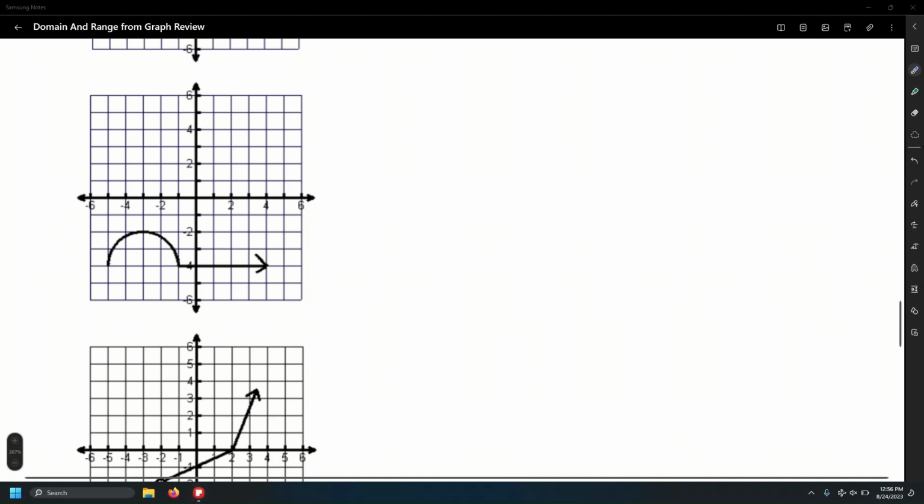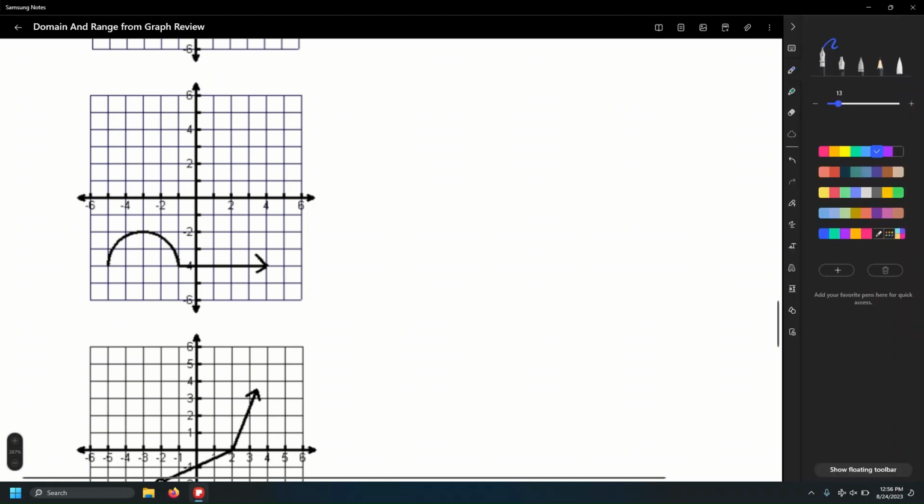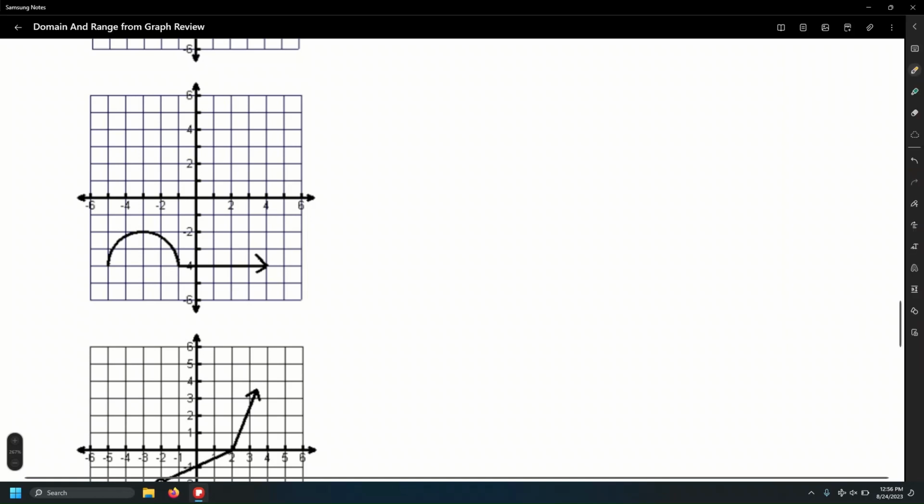This one could be a little tricky. Again, let's do the dashed lines for the smallest value of x. However, we have this arrow right here, and the arrow stops at 4.